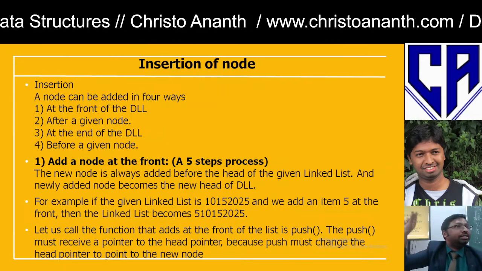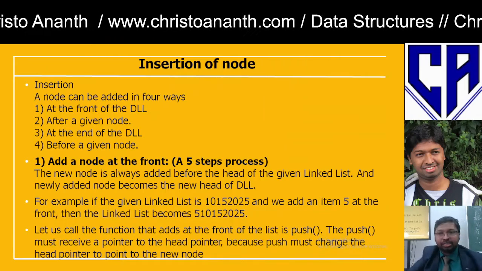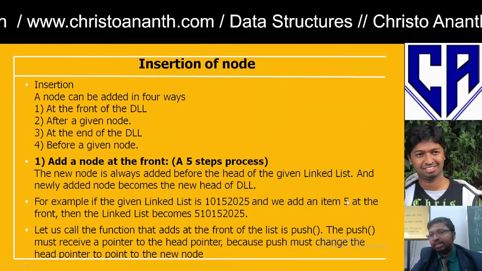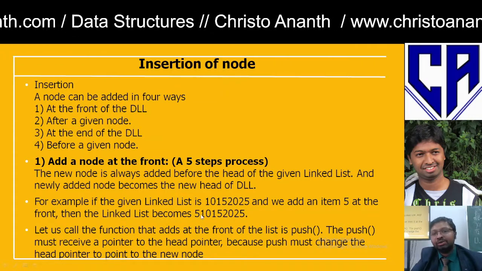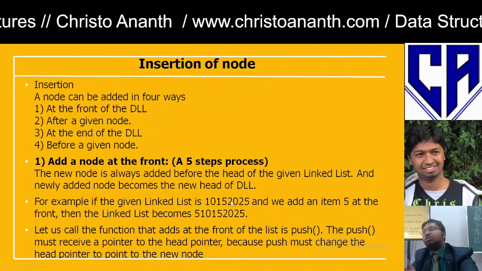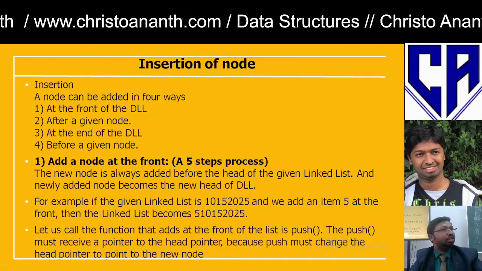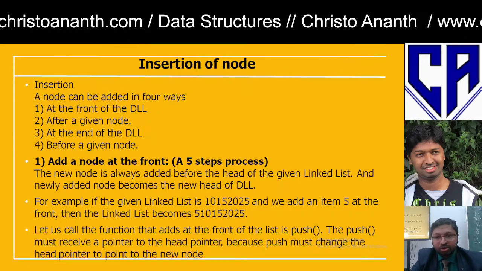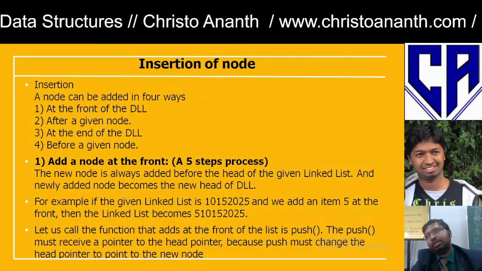Let us take the case where we add an item 5 at the front. The linked list becomes 5, 10, 15, 20, 25, so 5 becomes the head. For adding at the front, we use a push operation.